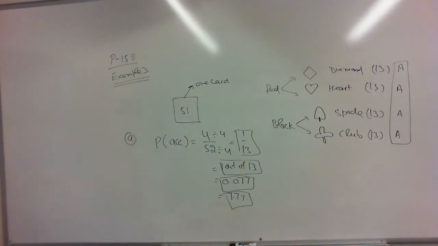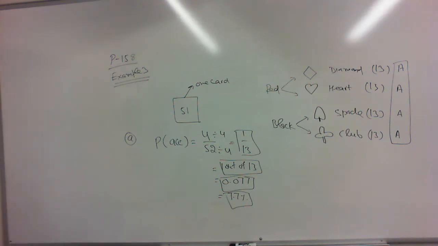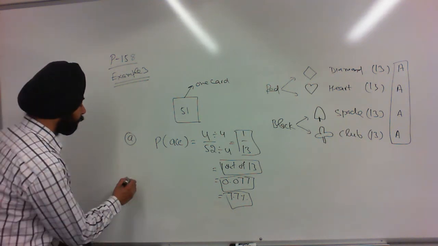On her second draw, the number of cards in the deck has changed. And you have to find the probability that the second card is a 2.